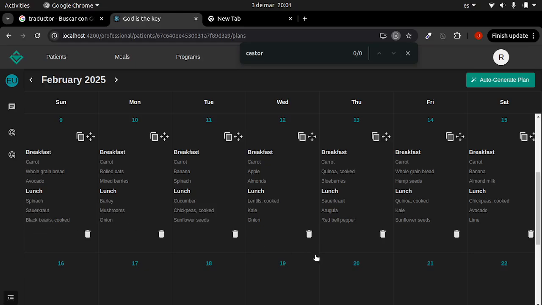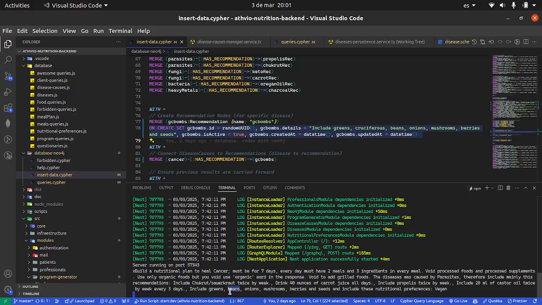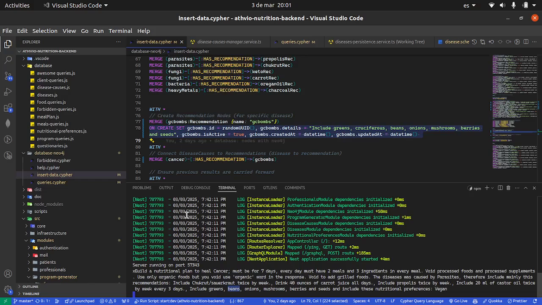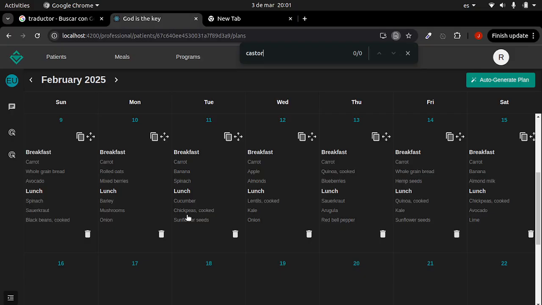Black beans. I requested beans. We have here beans, black beans, chickpeas. I don't know what family chickpeas really belong to. I believe that chickpeas belong to beans also. Lentils, another bean.